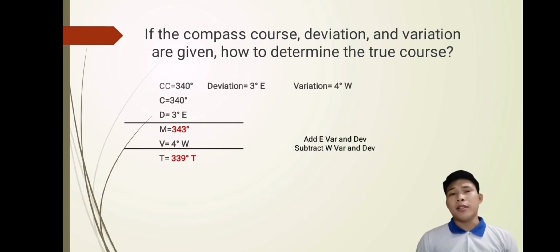So the compass course is 340 degrees and the deviation is 3 degrees east, therefore we add it, and the magnetic will be 343 degrees. The variation is 4 degrees west, therefore we subtract it. 343 minus 4 degrees west is equal to a true course of 339 degrees true.